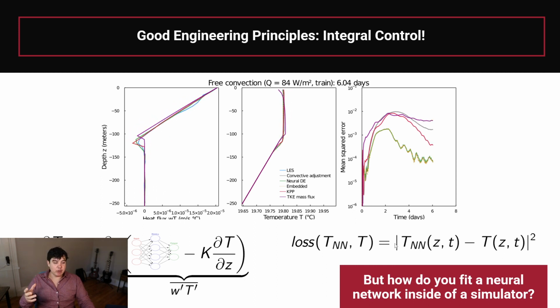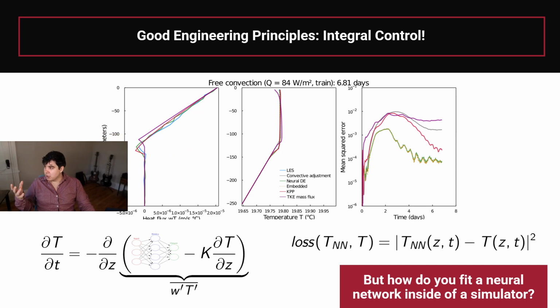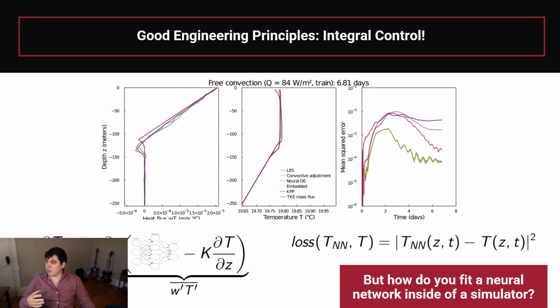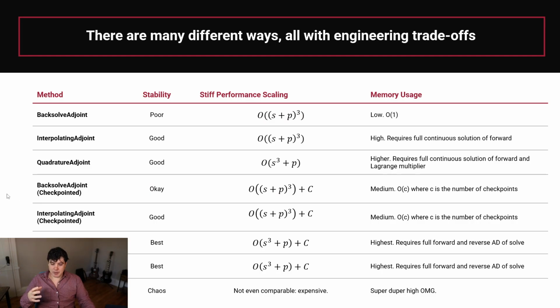Then you need to differentiate the solution of this PDE with respect to the weights of the neural network, because if you want to do gradient descent, that's the gradient of this loss function, right? So we need to be able to differentiate simulators, and that's where this whole problem of differentiable simulation comes in, right? So what we need to do is solve this problem of, well, how do you differentiate simulators effectively?